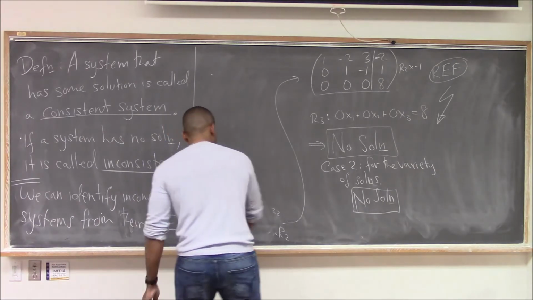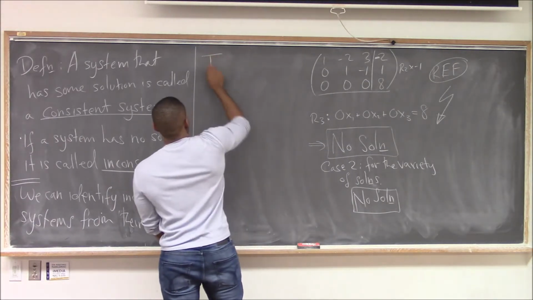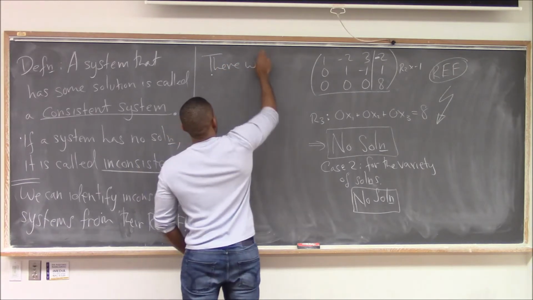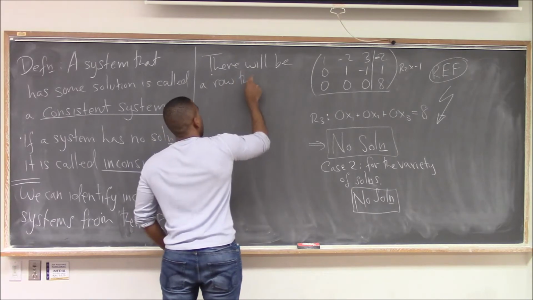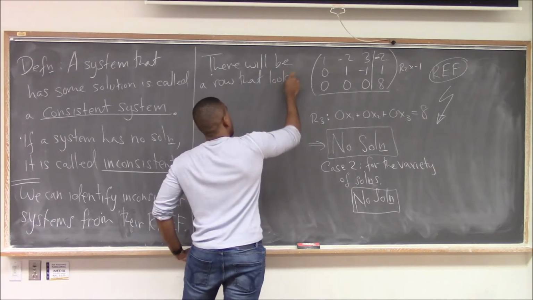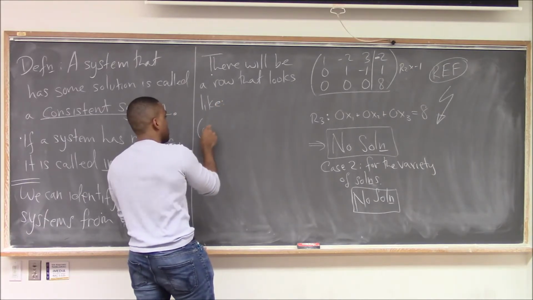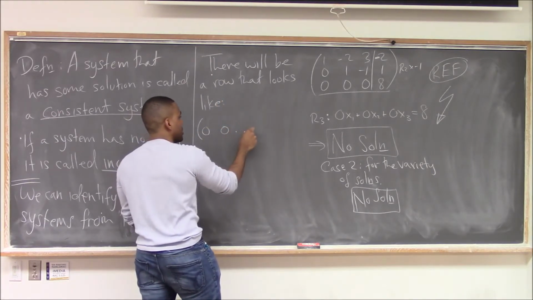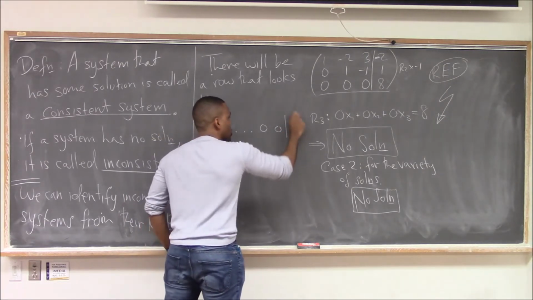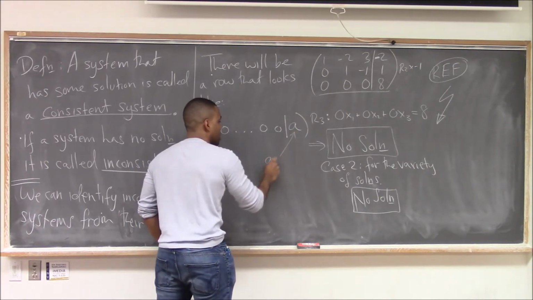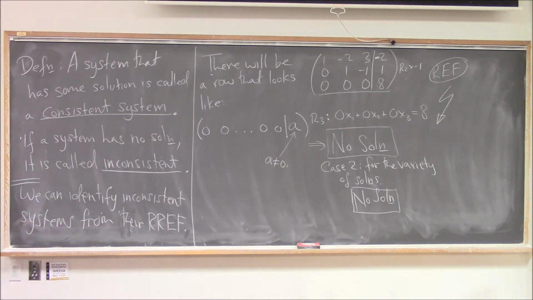There will be a row that looks like this: a bunch of zeros, and then in the last position you're going to have some number that's not 0. Every inconsistent system will have that in common.